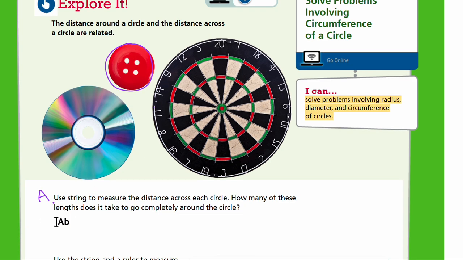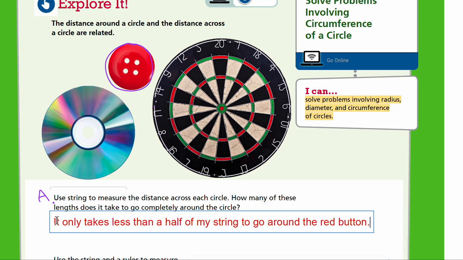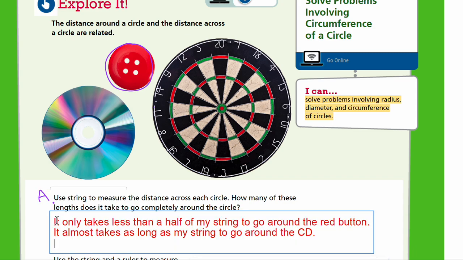It only takes less than half of my string to go around the red button. It almost takes as long as my string to go around the CD or the disc.